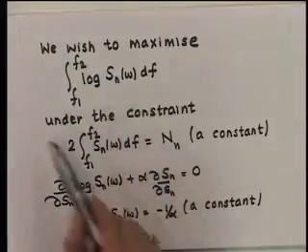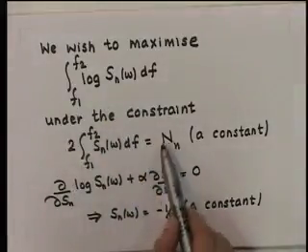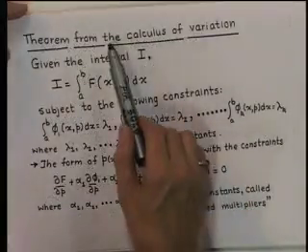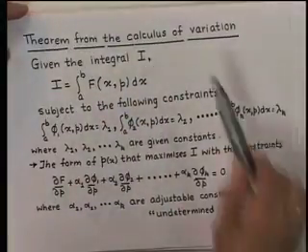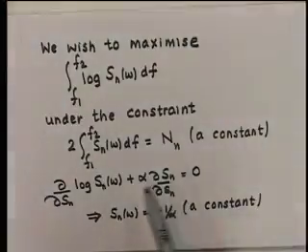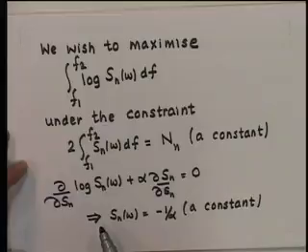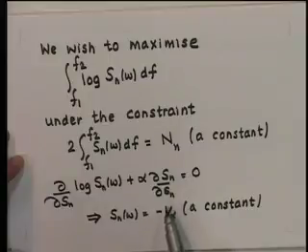So, the problem is to maximize this quantity under the constraint of given noise power. So, again using the theorem from the calculus of variation, we get the result as follows, and from this we get that the power spectral density of the noise is equal to minus 1 times alpha, where alpha is a constant.